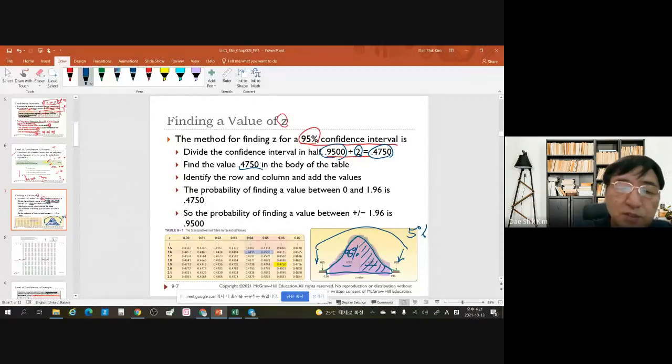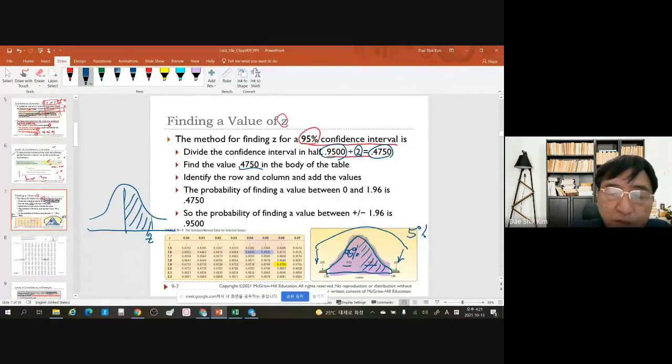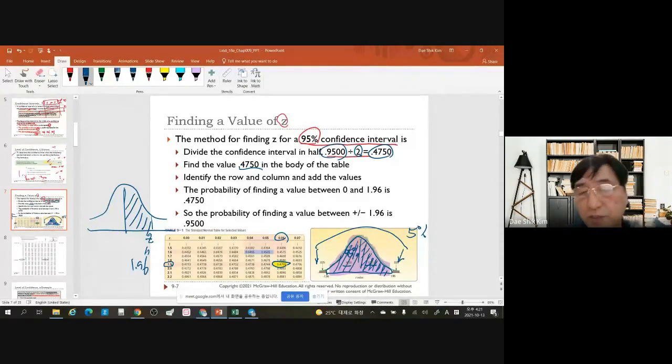On the last page of our textbook, some percentages are given on the top, and we look for the Z value. When Z is 1.9 with second decimal 6, you can find 0.4750. So Z of 1.96 gives 0.475. Left and right are symmetric, so multiplied by 2 it is 95%.